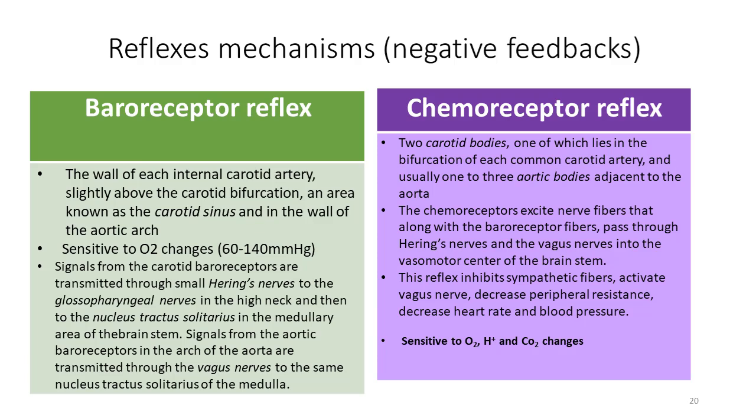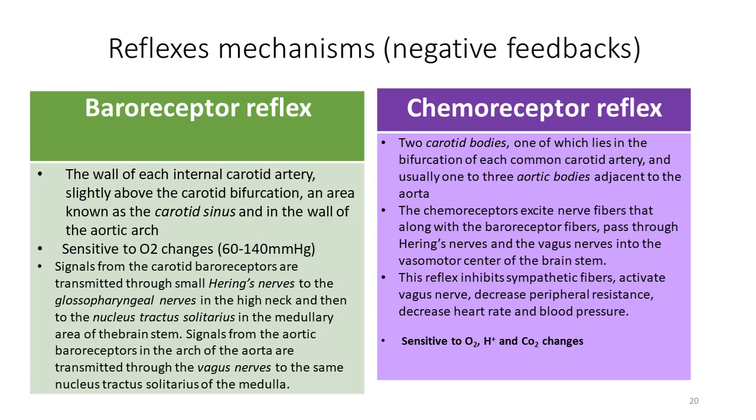What about chemoreceptors? Chemoreceptors are located in the bifurcation of the common carotids into internal and external carotid, and also in the aortic bodies. The chemoreceptors excite nerve fibers that, along with baroreceptor fibers, pass through Hering's nerve and the vagus nerve into the vasomotor center of the brain.